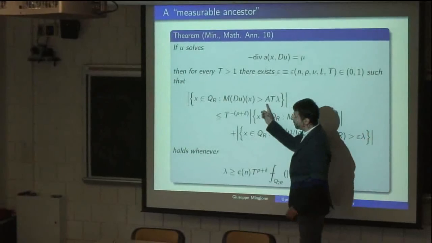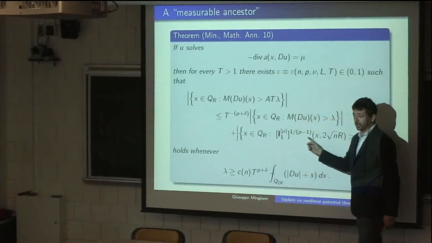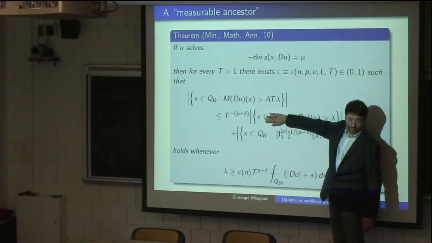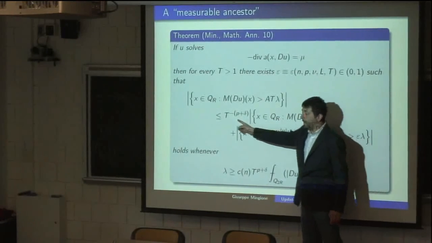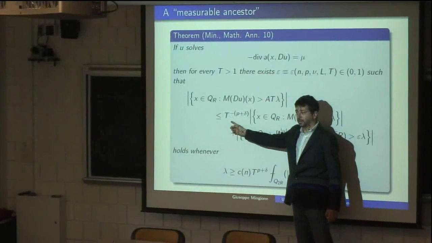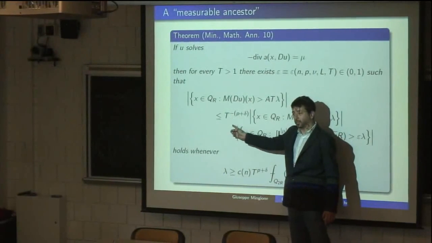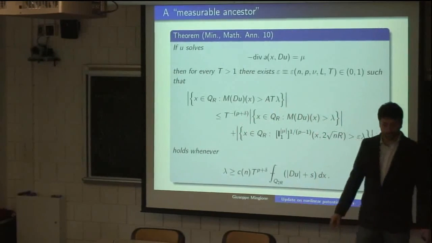So you can control the level sets of the gradient by the level sets of the potential. If you only had this, it would be implied by the previous estimates. But then you have a correction term with a constant that tells you that the best estimate you can get from this equation is up to p plus delta. This is exactly the delta I was talking about before.